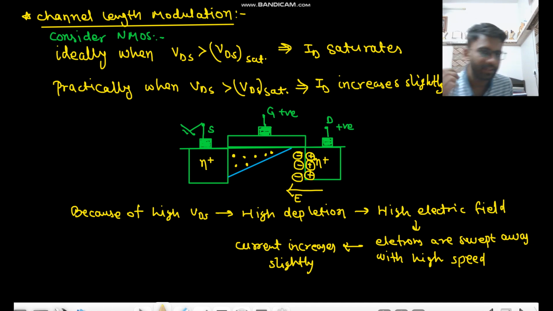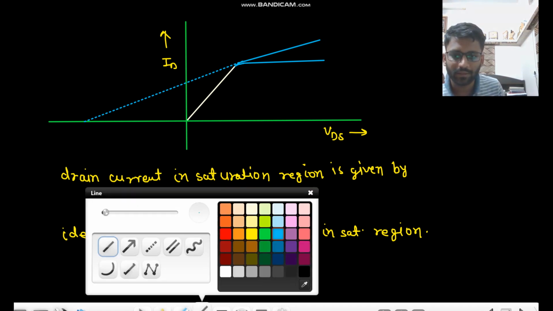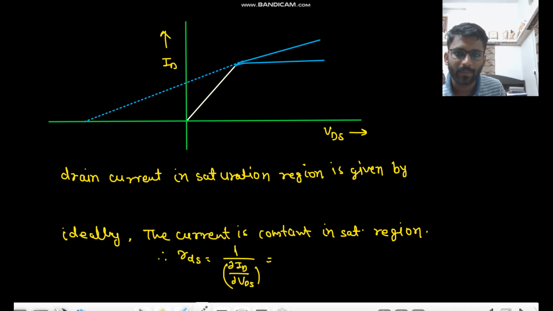Okay, so practically we see that after the saturation voltage, the current is not the same. It is increasing a bit, just a bit. Not too much. It is increasing slightly. So what we can see is this ID versus VDS curve we have, and that's where we see the saturation.